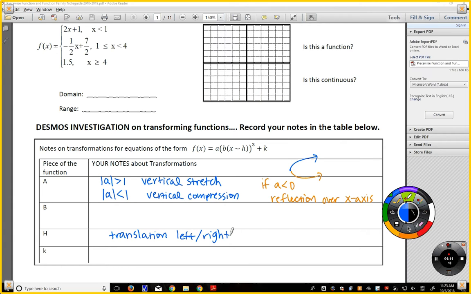But what do we have to be careful about when we're using the H value? When we look at the equation, H has some extra layers to it. We don't just get to see the number in the equation. If the equation says x plus 3, what is the H value? -3. Remember your formula from Algebra 2. Everything is supposed to come in this little x minus h package.